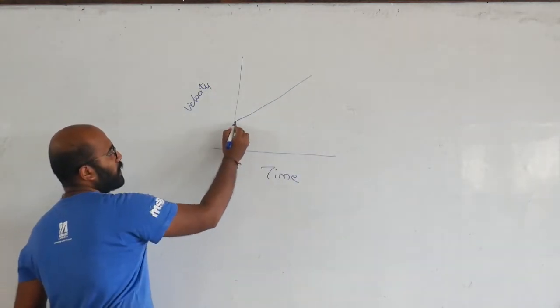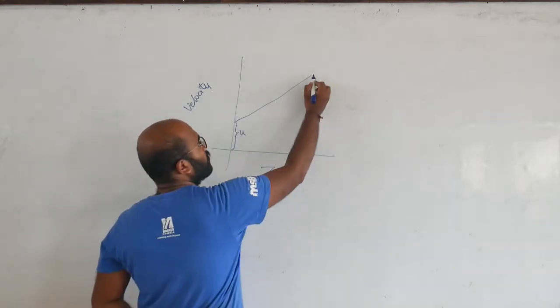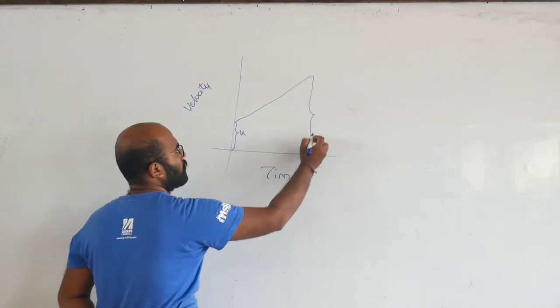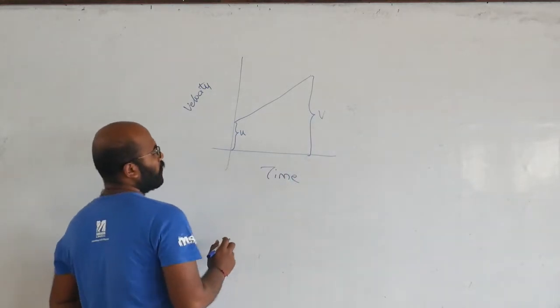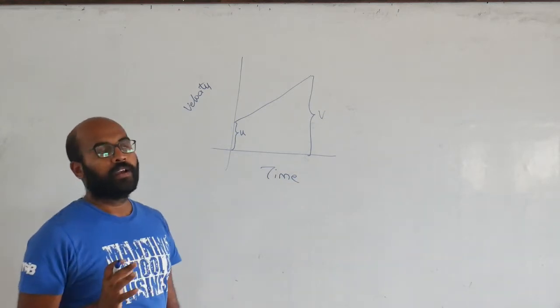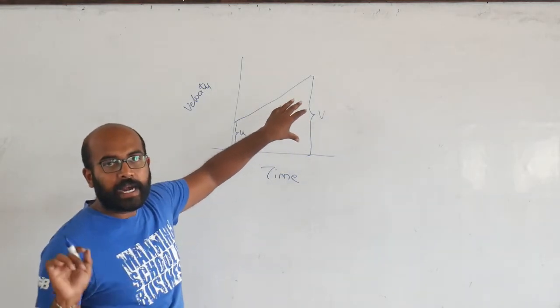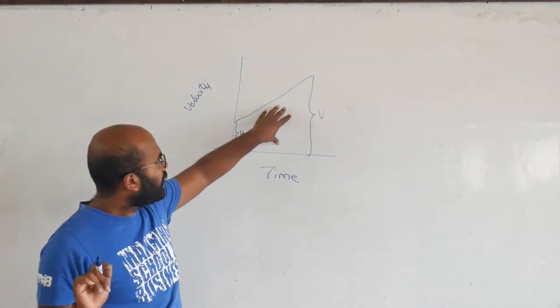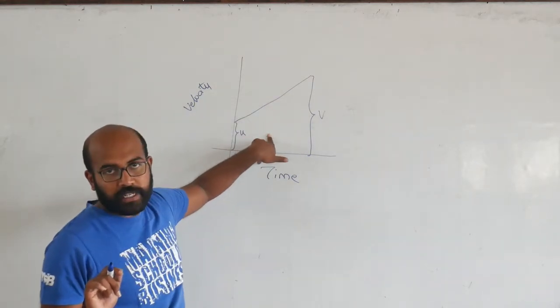This is initial velocity. This is final velocity. So if I want to know the value of displacement, I need to find the area under this graph. So the area under this graph gives me the displacement.